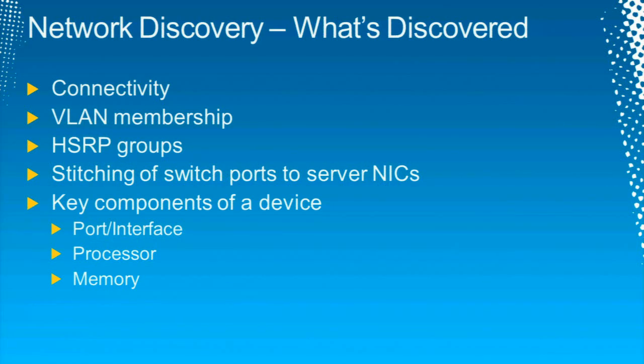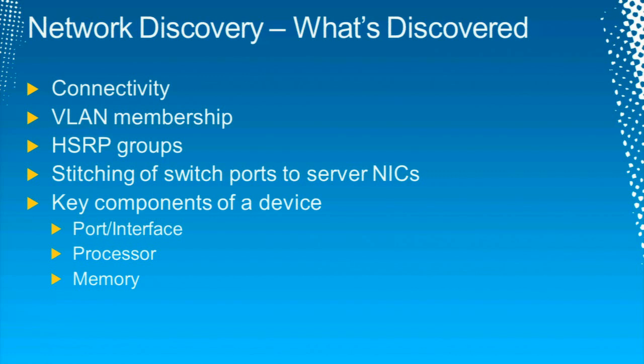So what do we discover? Well, we discover connectivity, ports, things like the port stitching I said, where we relate the network device to the Windows server, which Rob is going to show you in a minute. We discover things like VLAN membership. This switch is member of a VLAN. We discover the VLAN membership.